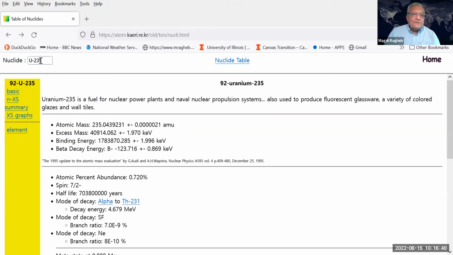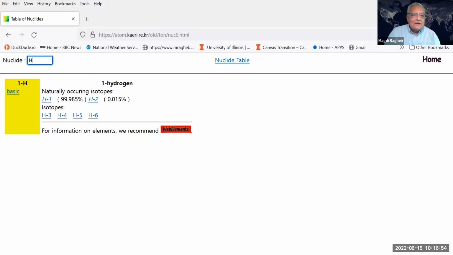Other elements of interest to us are going to be maybe lead, beryllium, and of course water. So in that case, we think about hydrogen. So let's look at the hydrogen isotopes.